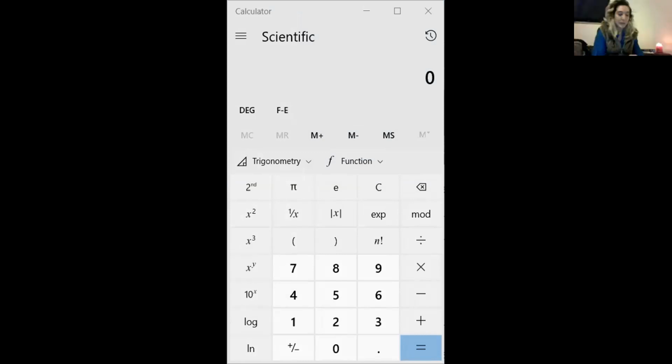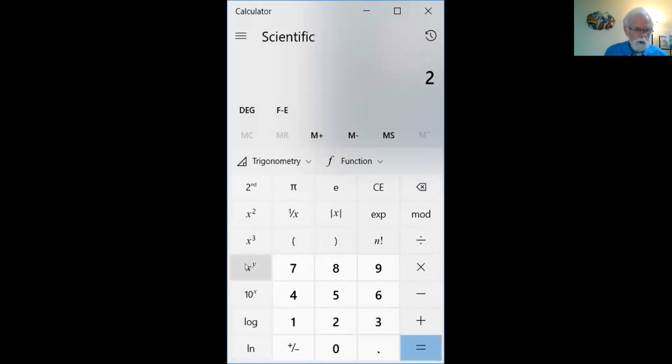So raising a number to a power other than the second or third, on this calculator anyway, we have to use the x to the y function. So x is what we enter. Let's make it 2 to the 10th. Click x to the y, type in 10, and we get 1,024.